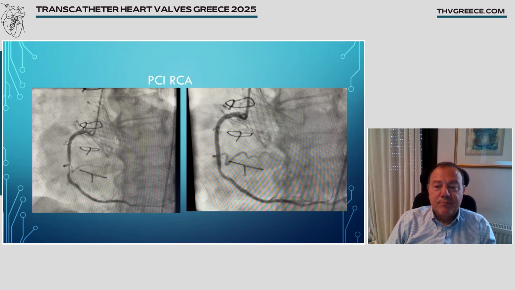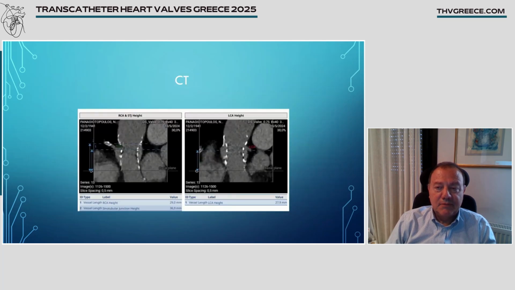There was an improvement in his symptoms, and we decided to proceed with both the abdominal aneurysm, which also had quite a significant amount of thrombus, and at a later stage to put in a new valve.